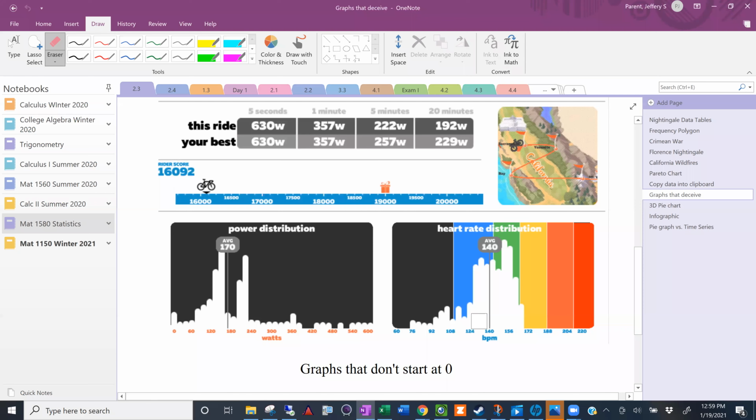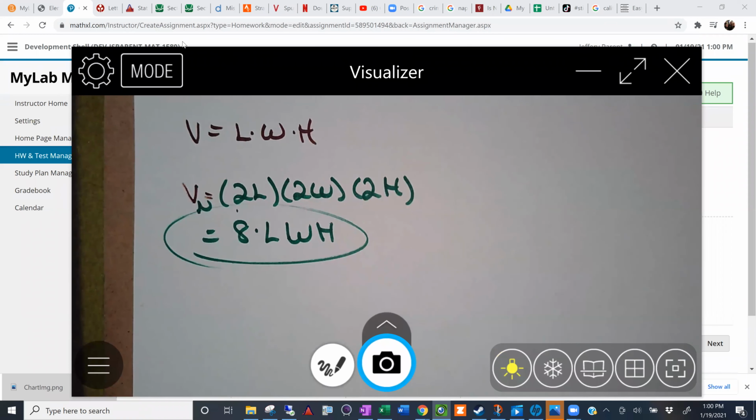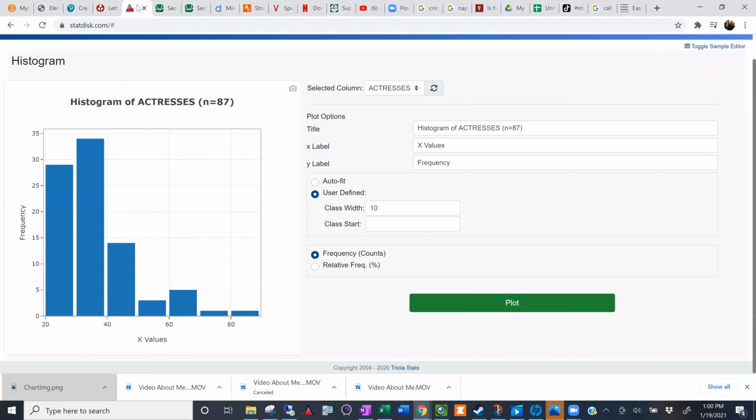I appreciate the question in another sense because it reminds me of something that we did last week. We were talking about frequency histograms. So let me go back to some of our data from last week. Here's our actresses and actors column of data.